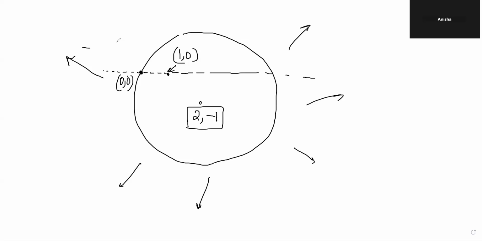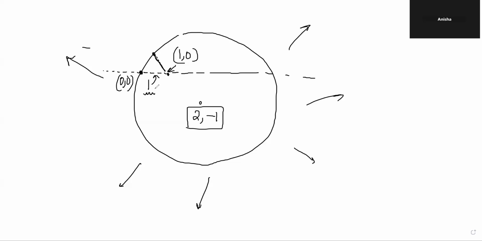Sir, 0 comma 0, or well, it can lie on the circle as well, right? So 0 comma 0 was one of them. This is 1 unit. But any point on the circle, is there a point which is at a smaller distance than 1?